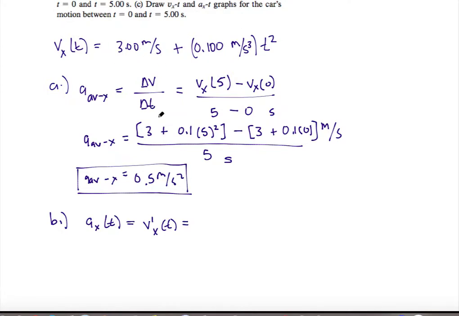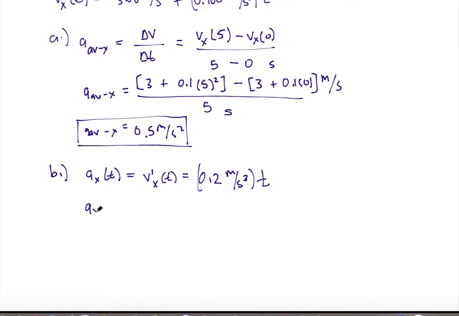The time derivative of 3 meters per second is 0, and the time derivative of my second term is going to be 2 times 0.1, which is 0.2 meters per second cubed, multiplied by now t to the first power. So my acceleration at 0 seconds will just be 0.2 times 0, which is 0 meters per second squared.